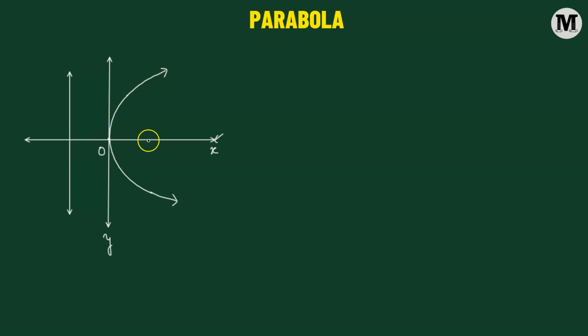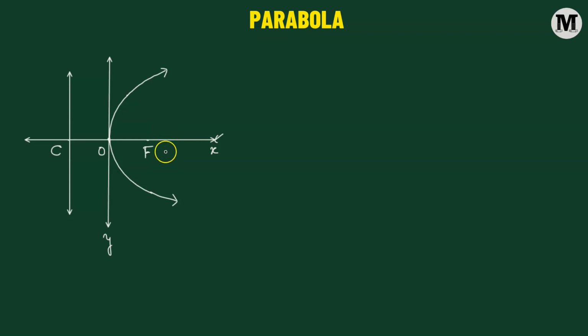So we need the coordinates of the focus. The focus for a parabola is positioned in such a way that its distance from the vertex, OF, is equal to the distance of the vertex from the directrix. Let's call this point C. This is the point where the directrix intersects with the axis of symmetry, or the x-axis. So this distance CO is going to be exactly equal to the length of OF.